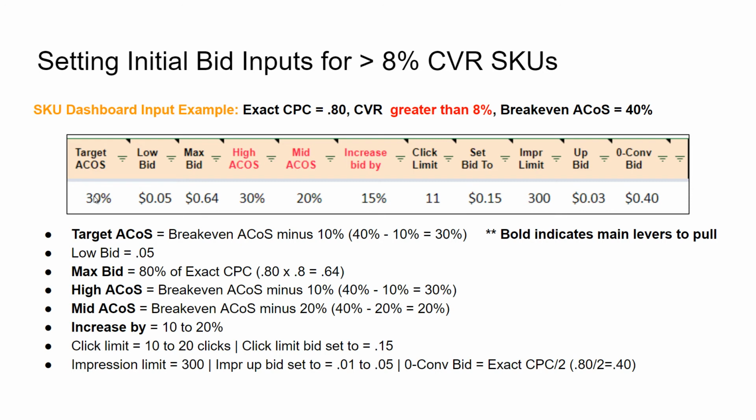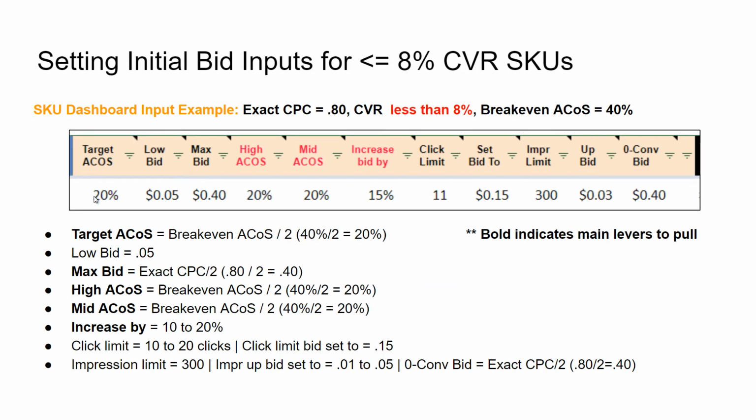All right, so moving on to the less than 8% CBR SKUs, and this is that screenshot that you saw on the second slide. This is how most of those SKUs actually shook out. So these are the initial settings based on those metrics that we started with, and we've seen some other accounts do really well with these initial settings as well.